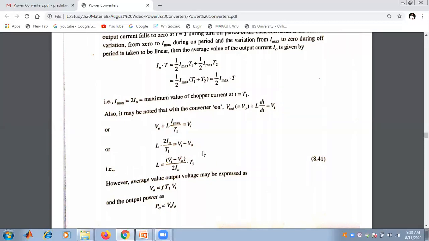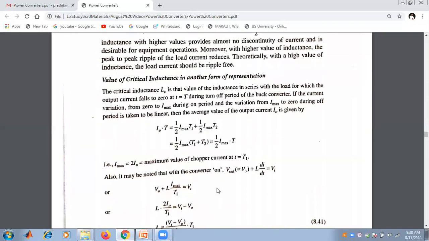We can write L equal to Vi minus V0 into T1 by 2I0. This is the value of L. However, the average value of the output voltage may be expressed as V0 equal to F T1 Vi, that is known to us, and the output power is given as P out equal to V0 I0.